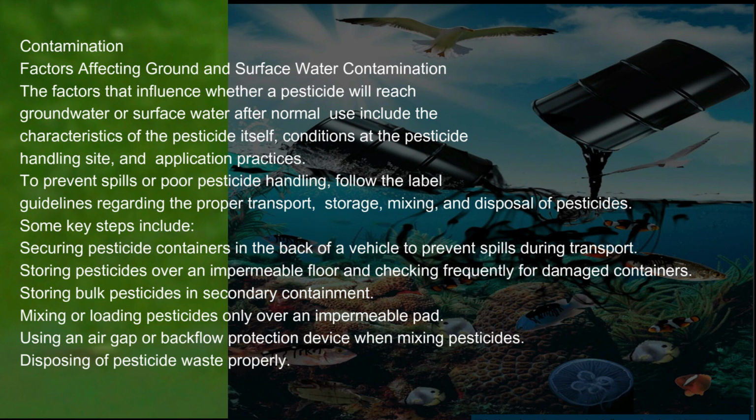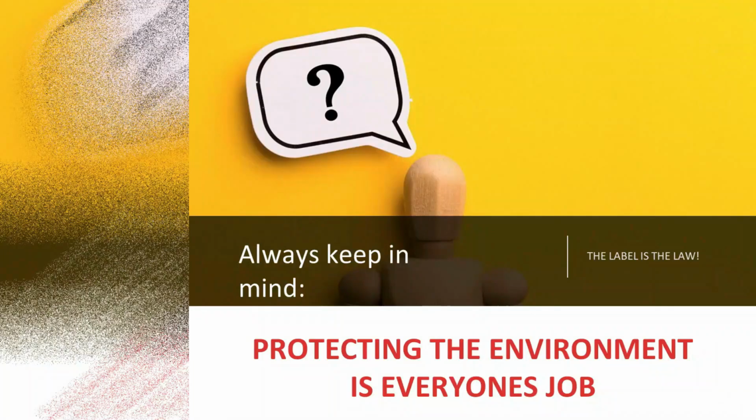Some key steps include securing pesticide containers in the back of a vehicle to prevent spills during transport, storing pesticides over an impermeable floor and checking frequently for damaged containers, storing bulk pesticides in secondary containment, mixing or loading pesticides only over an impermeable pad, using an air gap or backflow prevention device when mixing pesticides, and disposing of pesticide waste properly. Always keep in mind the label is the law. Protecting the environment is everyone's job.